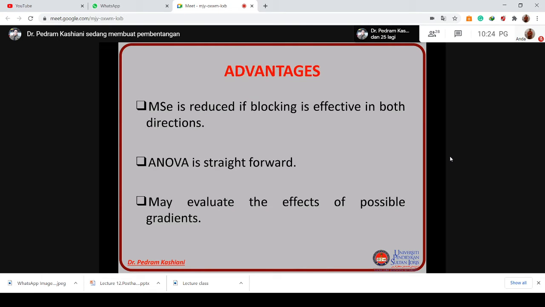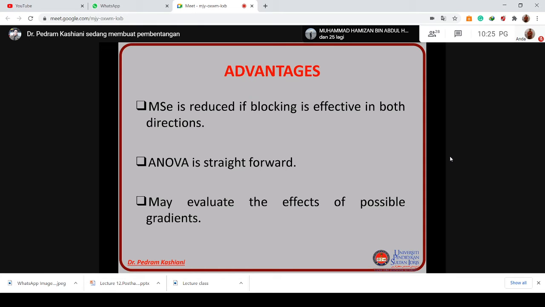So the advantages: MSE is reduced if blocking is effective in both directions. Means if row is significant, column is significant, my MS of error becomes significantly smaller. ANOVA is very straightforward, and may evaluate the effect of possible gradients. What does it mean? In CRD, I can only talk about treatment.